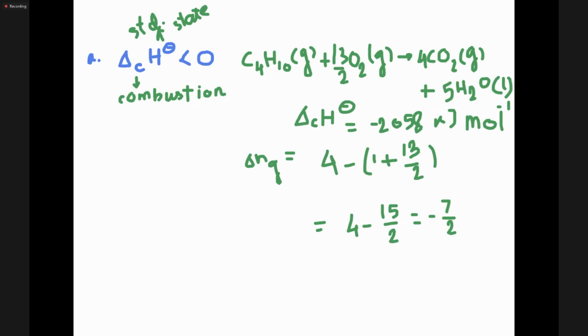So another example is when glucose undergoes combustion and it produces even more heat, that is 2802 kilojoule per mole. So if we see the reaction of glucose burning or combustion, glucose chemical formula is C6H12O6.